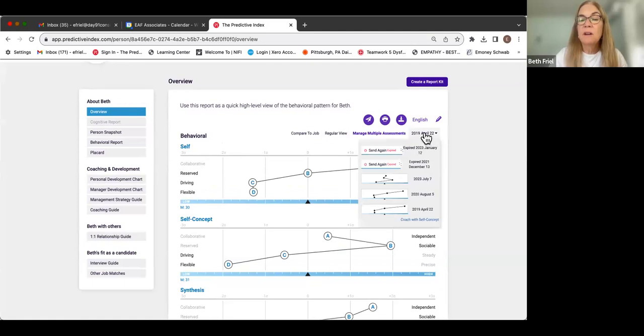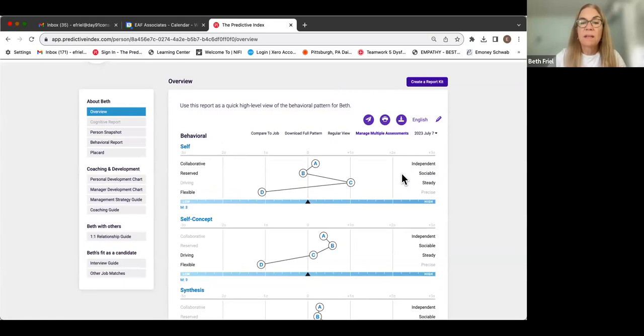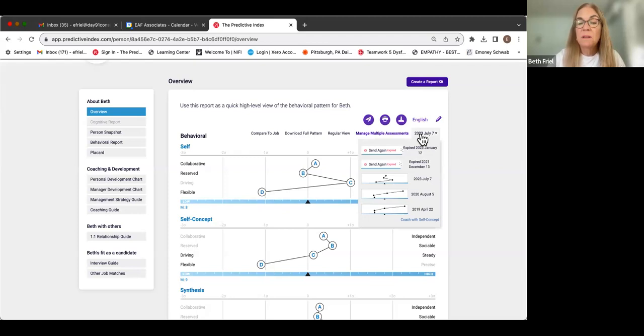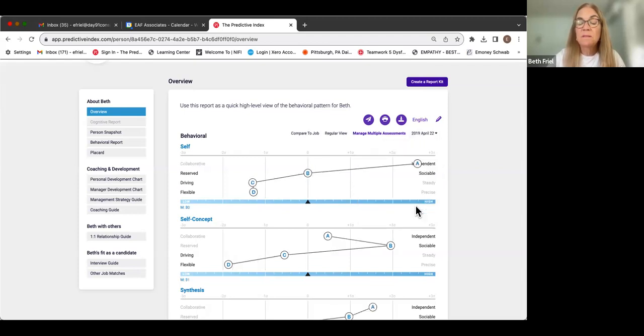But if I hover over the date, I can see every one that I have filled out. So July 7th, 2023, I was just playing around. So this is what came up. But if I go to print the behavioral report, you know what's going to come out? And this frustrates a lot of people. This one. This is what's going to come out.